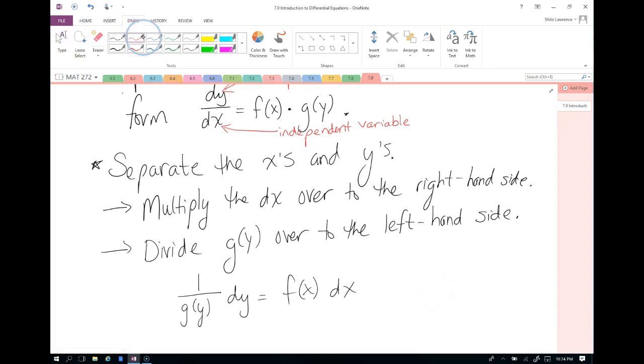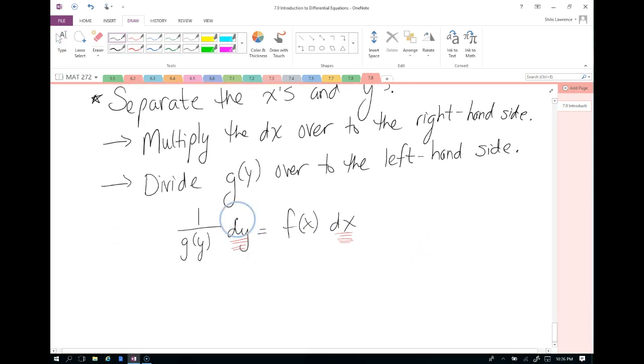Now, what have we learned how to do throughout calculus that has this little dx at the end of it? We usually see the dx or dy, depending on what variable we're working with. We usually see those at the end of an integration problem. And technically what they mean is the expression right before them is a derivative. So 1 over g of y is the derivative of something with respect to y. And then f of x is the derivative of something with respect to x.